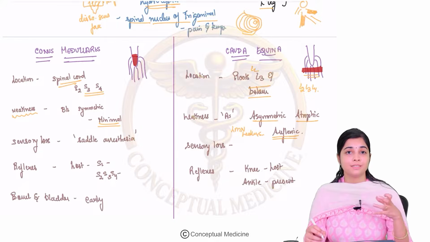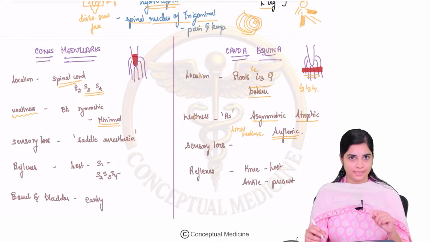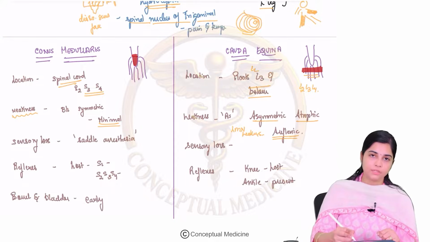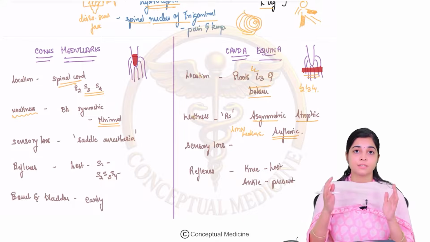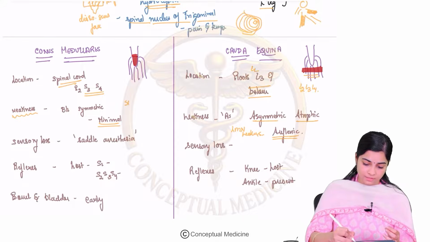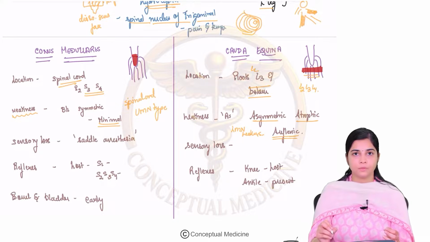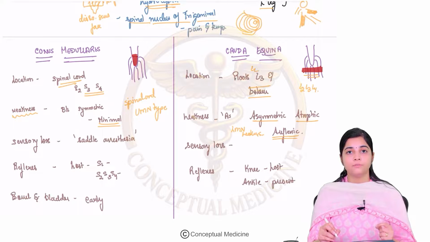Okay. And because it is a nerve root involvement, it is a lower motor neuron weakness. But when it comes to the conus medullaris, because it is the spinal cord involvement, you will have an UMN type of weakness. Okay. Because it is the spinal cord involvement, you will have an UMN type of weakness.